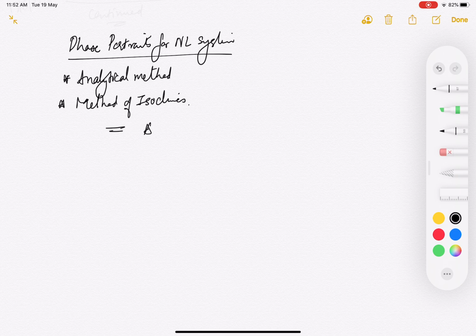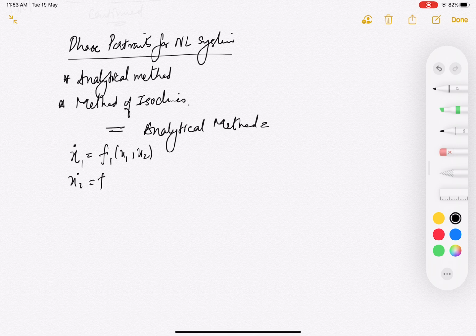I'll show this with an example. One method is to get the solutions. So you have x1 dot is equal to f1 x1 comma x2, x2 dot is equal to f2 x1 comma x2.